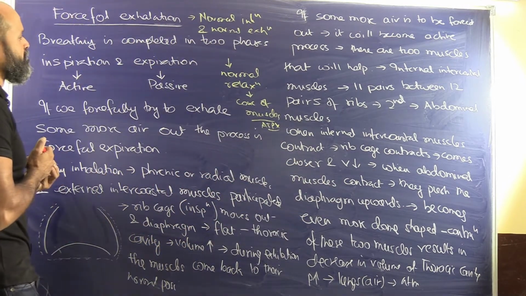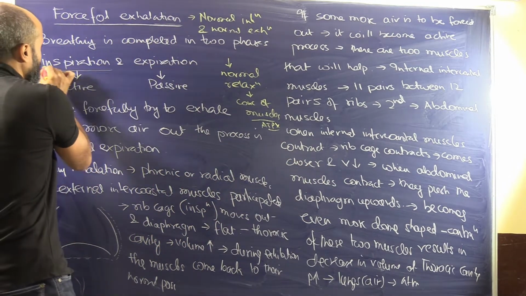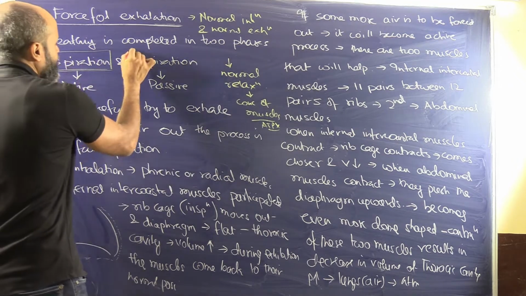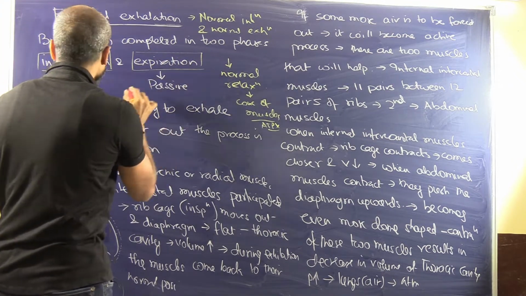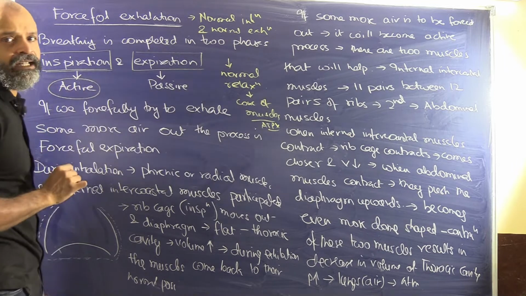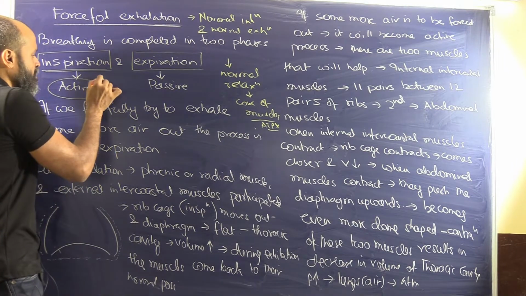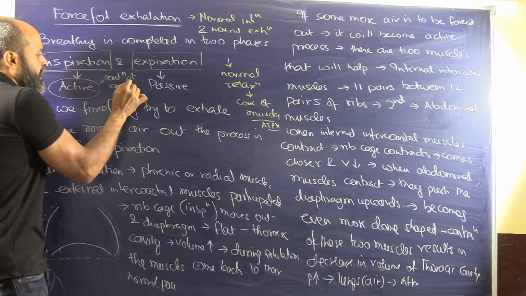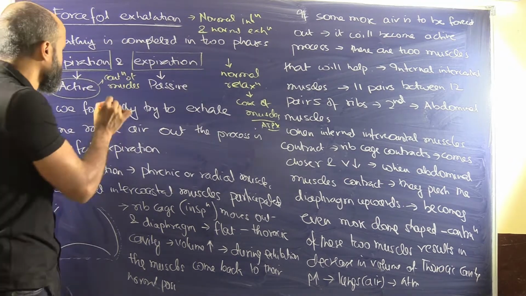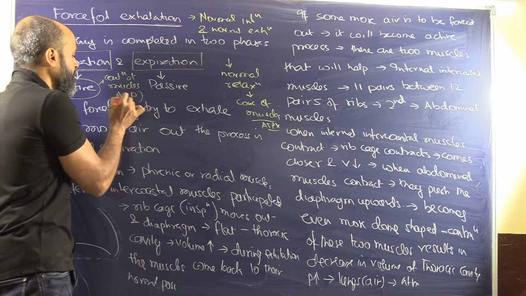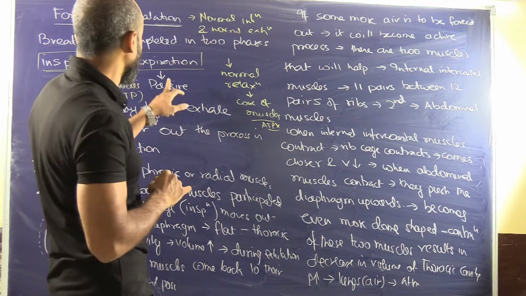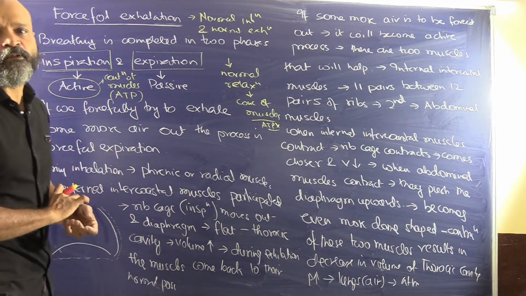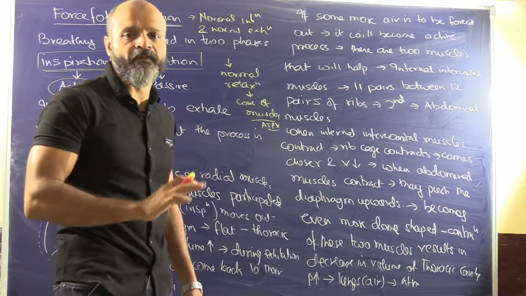So breathing is completed in two phases. We know that one is inspiration and the other one is expiration. Inspiration is known as an active process. Why? Because it involves contraction of muscles, and if it involves contraction of muscles, you will require ATP for the same process. Expiration is a passive process. It's a byproduct of inspiration.